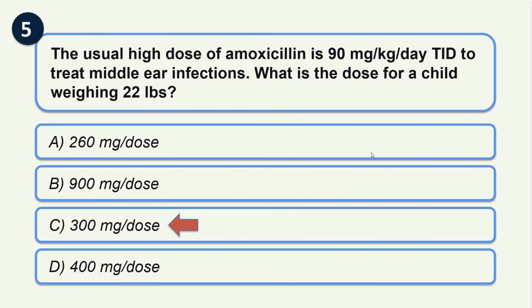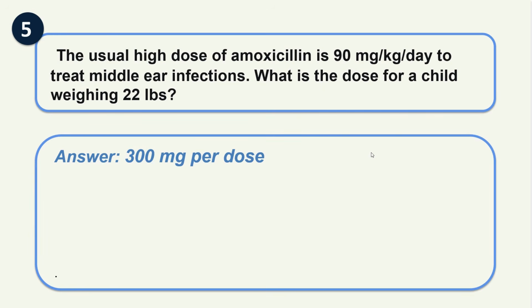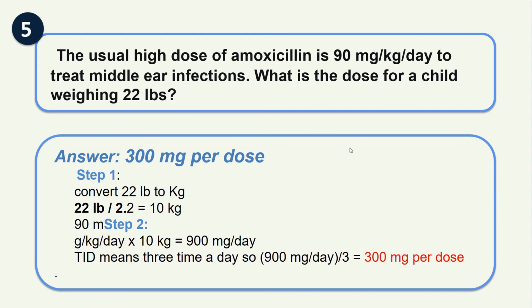So let's see how we calculate this dose of 300 milligram. The first step is to convert pounds to kilograms, where the conversion factor is 2.2. 22 pounds was given in the question, so divide 22 by 2.2, which gives you the body weight in kilograms. For this patient, that is 10 kilogram.